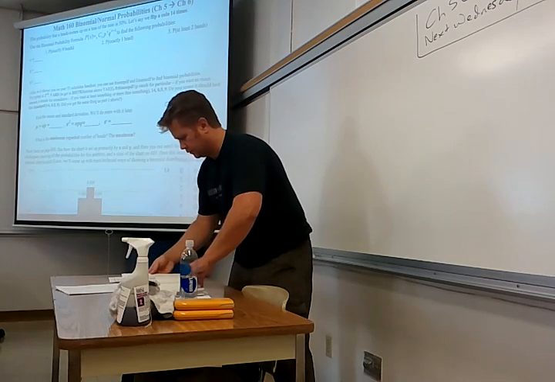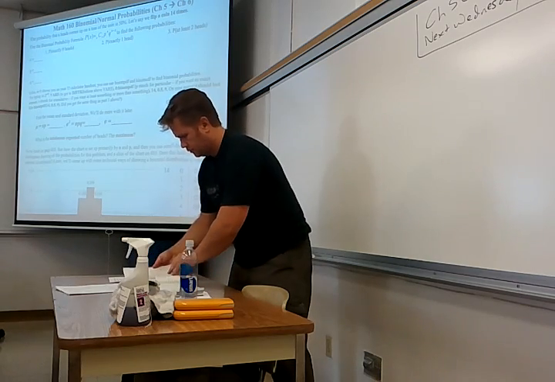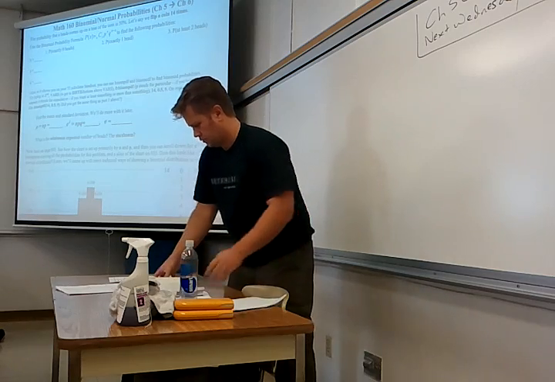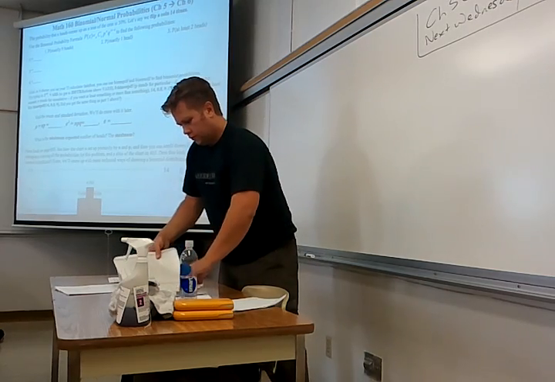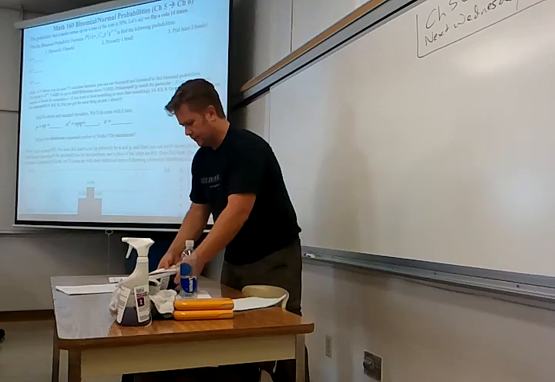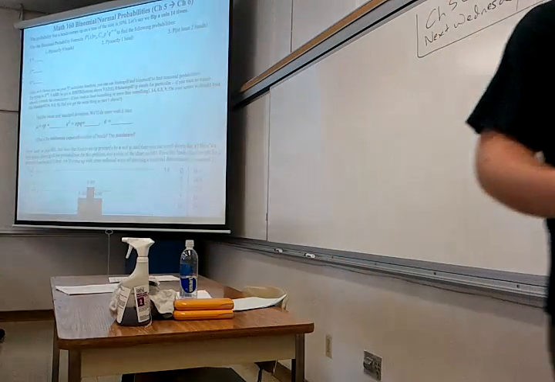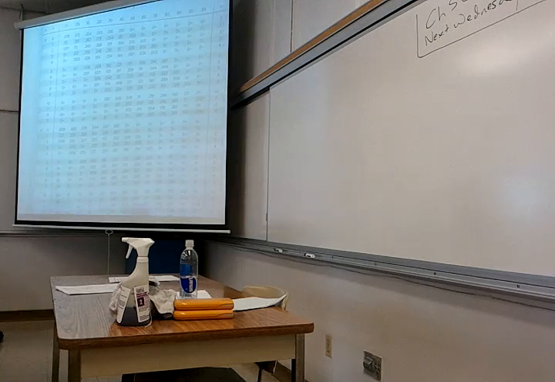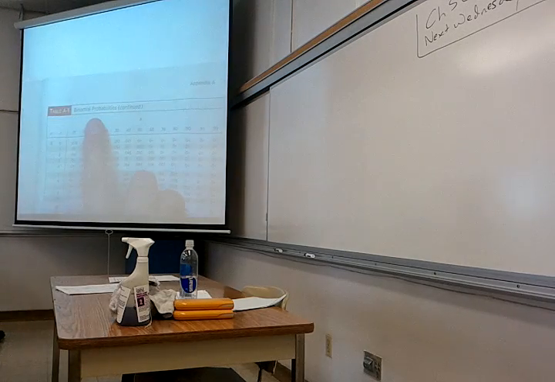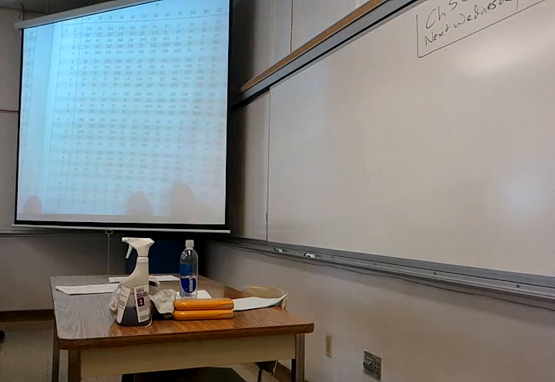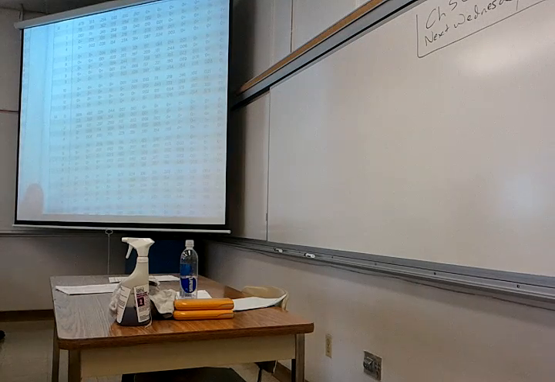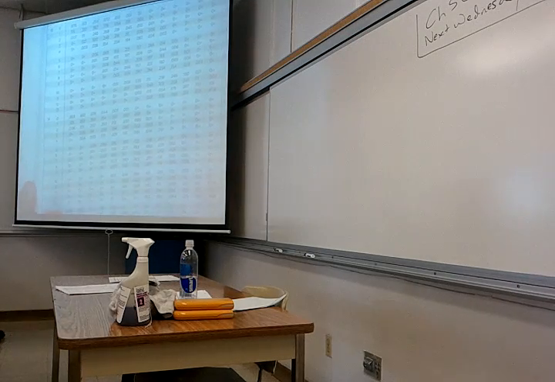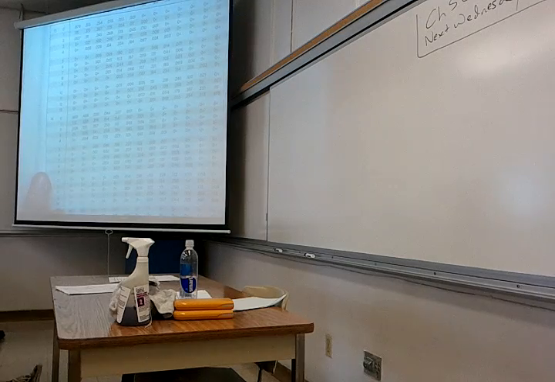Oh, let's see, it's page 603. Page 603 is the binomial probabilities table. There's a couple of homework problems that ask you to use this table. We're not going to really use it on a quiz or a test. I just want you to know it exists.